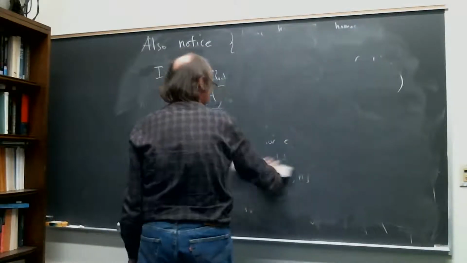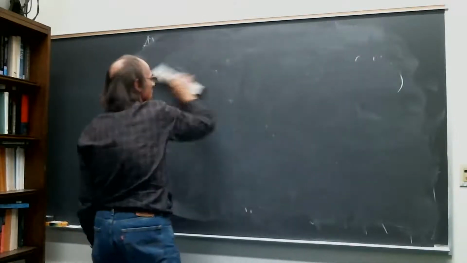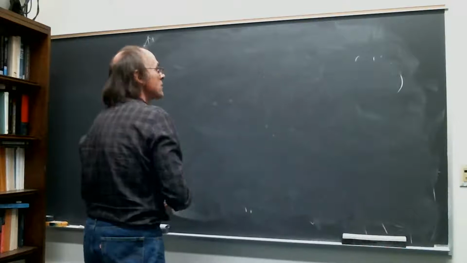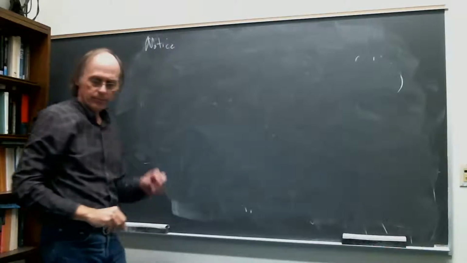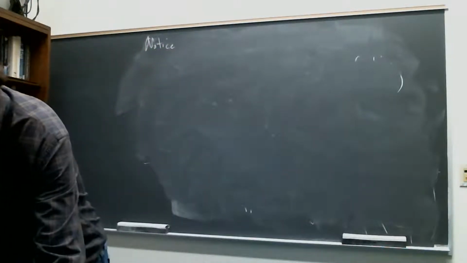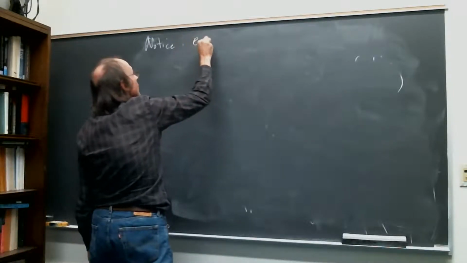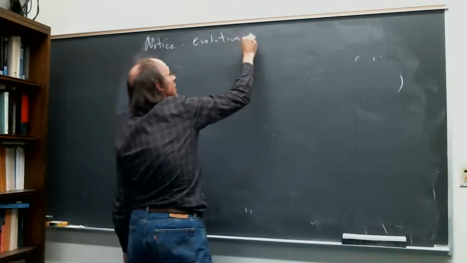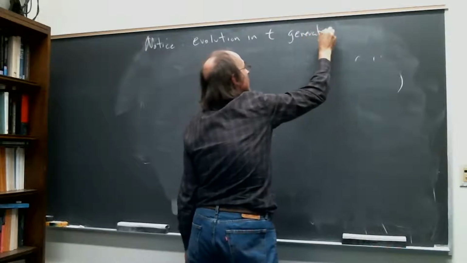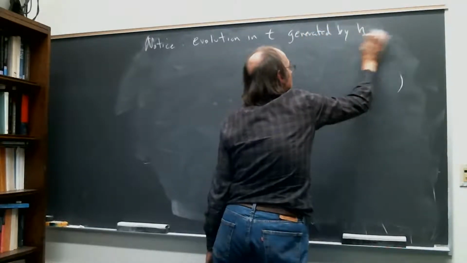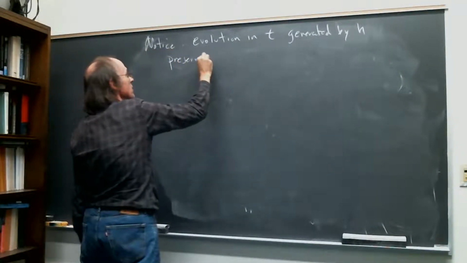And I hope I get this argument right. So the claim: notice that the evolution in t generated by h preserves omega.